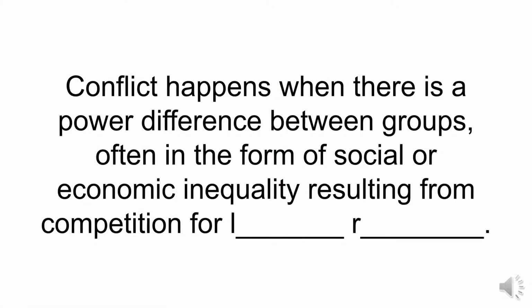Conflict happens when there is a power difference between groups, often in the form of social or economic inequality, resulting from competition for L blank R blank. So what are these forces competing for?